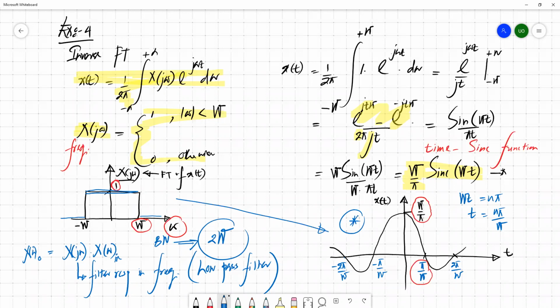So this is the relation for the low pass filter. Similarly, you can get high pass filters, band pass filters, anything. By shifting this original signal, the sinc function is also shifted by a certain amount. We'll discuss it later.